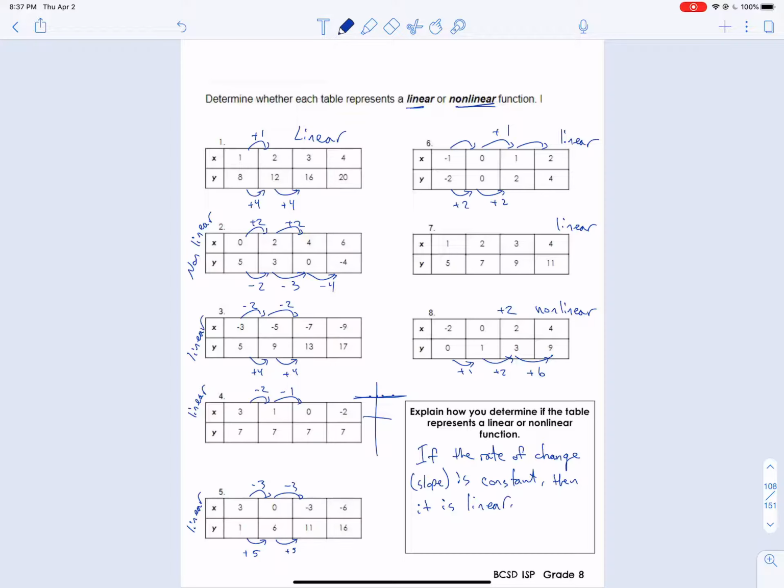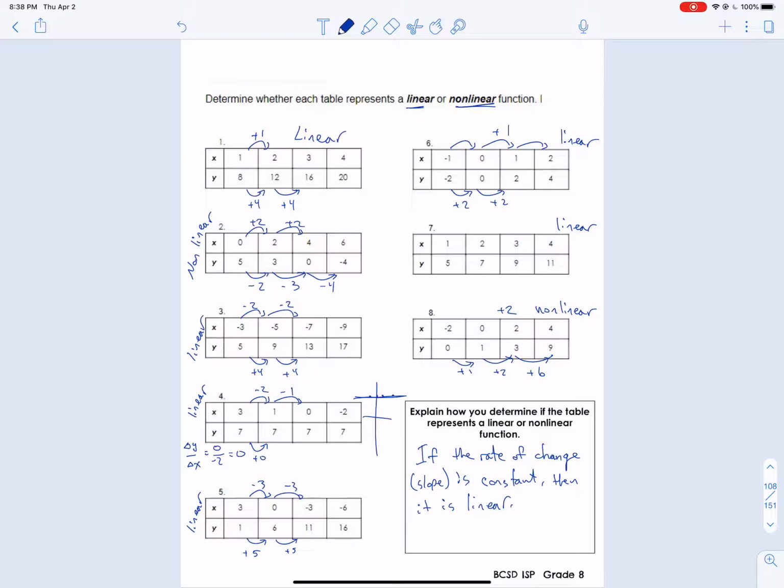Okay, so let's go back to that weird one, because it didn't seem like it was constant. So let's just look at these 2 points and see what we get. So remember, change in y over change in x. That's what our slope is. So the change in y doesn't change, so that would be 0 over negative 2. What's 0 divided by any number? 0, right?